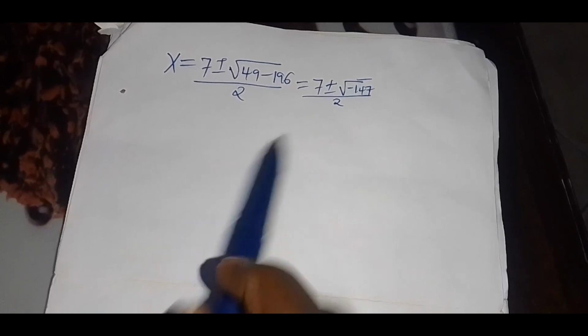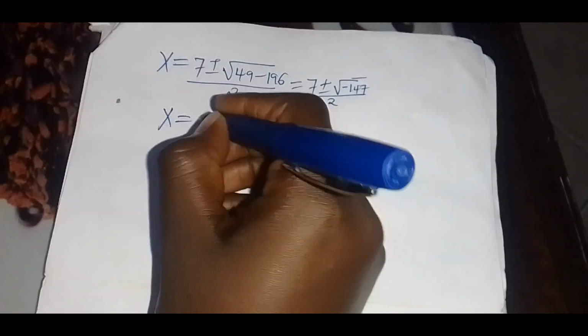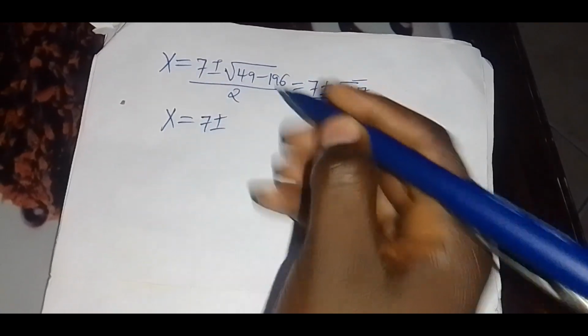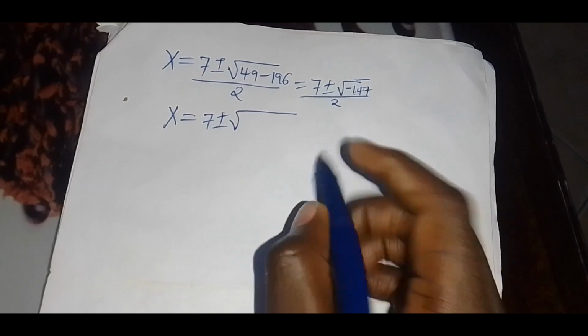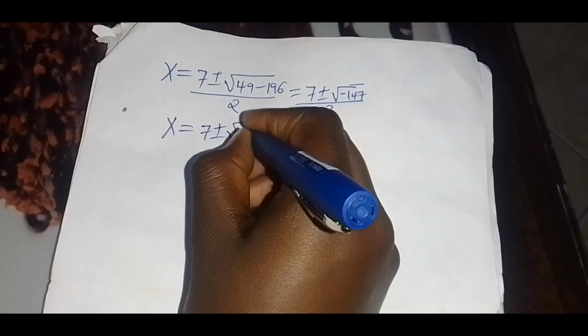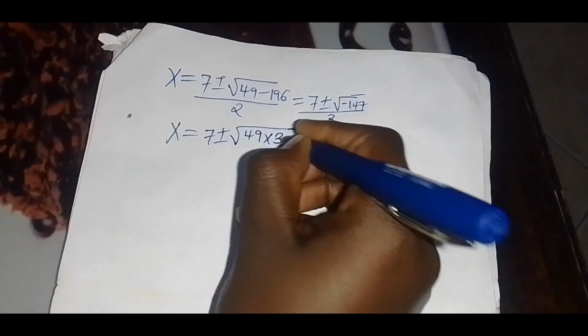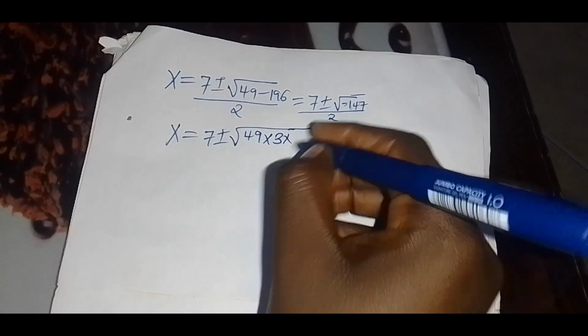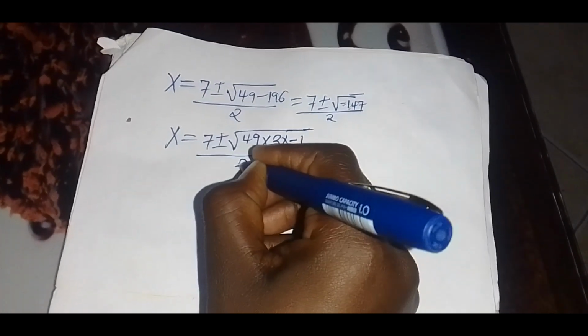So we can write this: x can be written as 7 plus or minus, now the square root of negative 147 is the same as saying the square root of 49 times 3 multiplied by negative 1, divide everything by 2.